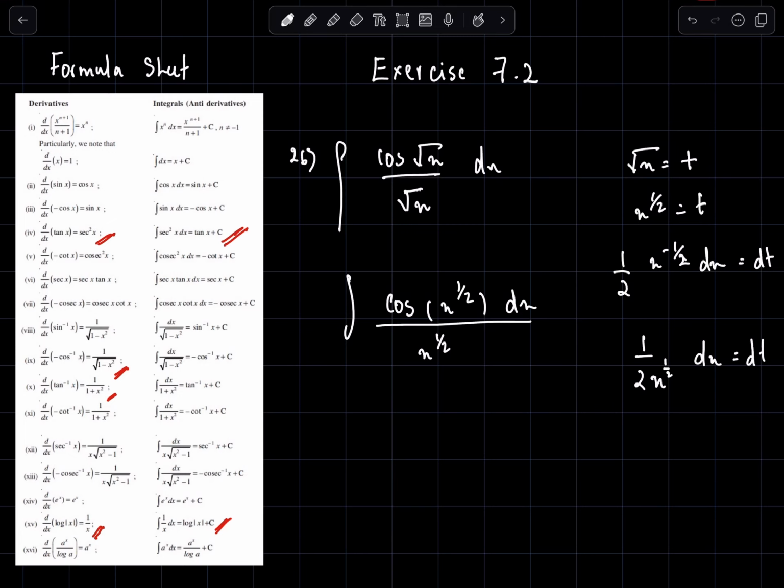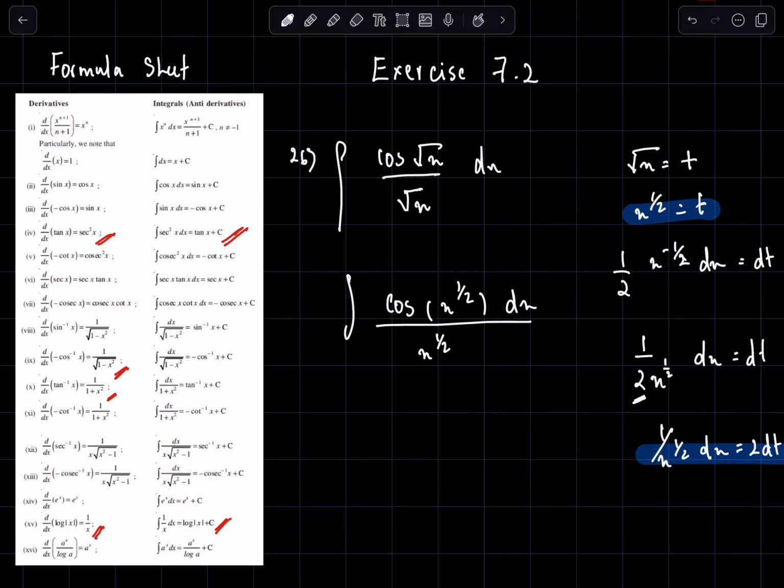Do we have this? We need to remove this 2, right? So 1 over x to the power half dx is equal to 2 dt. I think that's simple. So we have this to substitute and this to substitute.